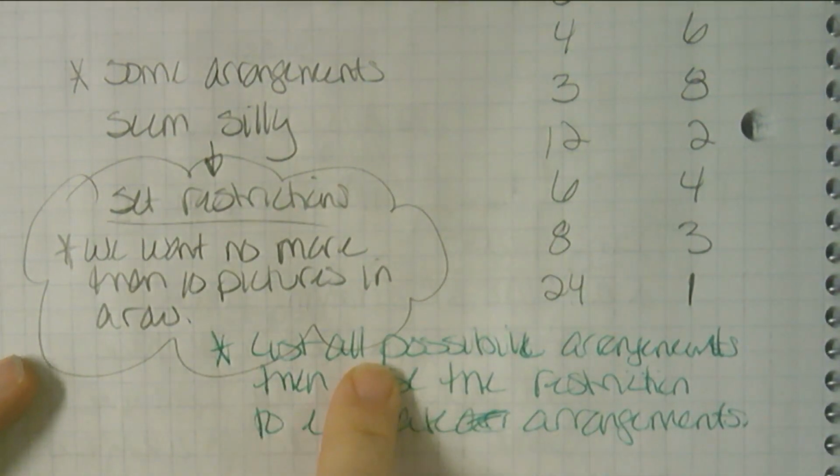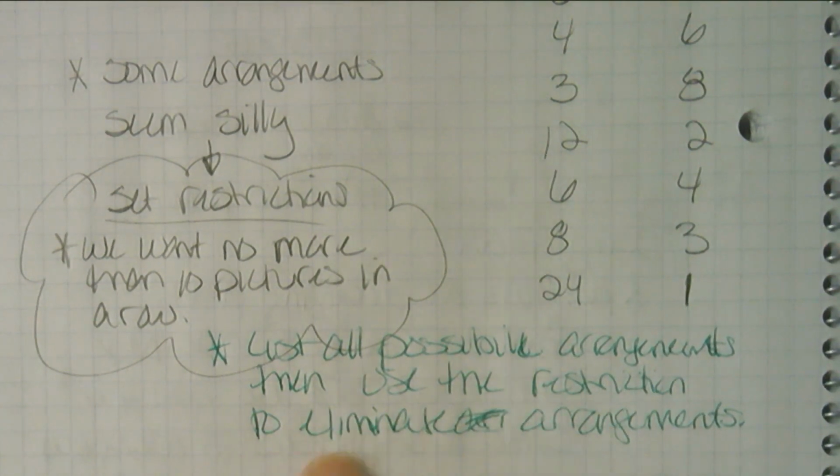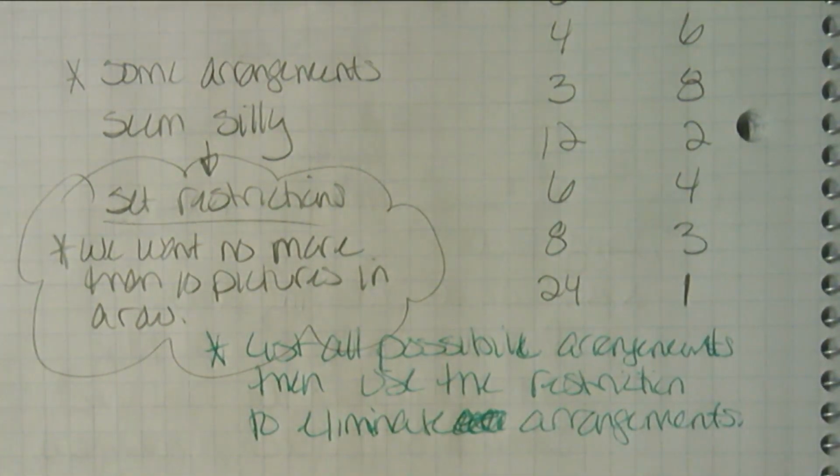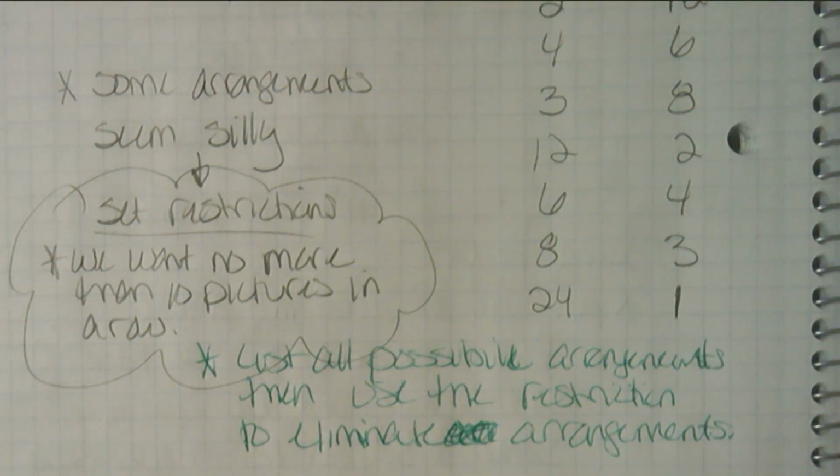So I want you to list all possible arrangements, then use the restriction to eliminate arrangements that don't work. Okay, so let's go back up here.